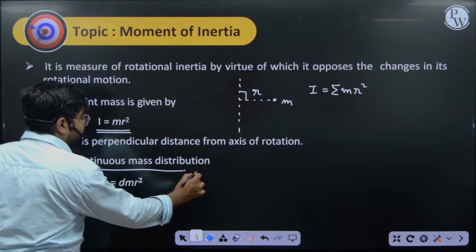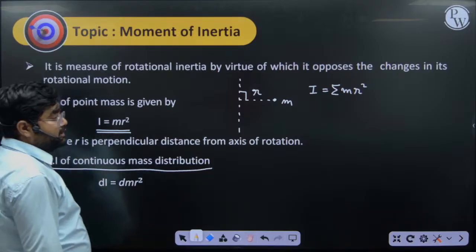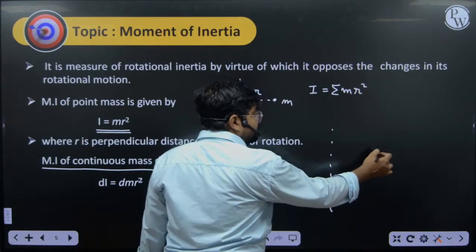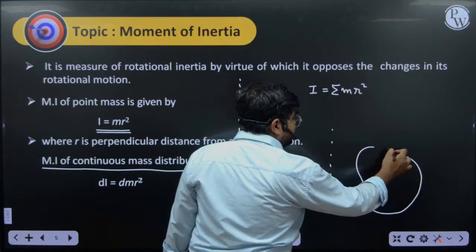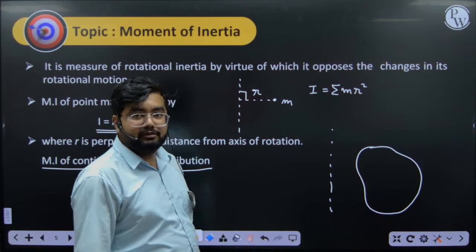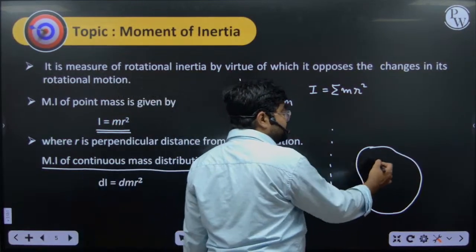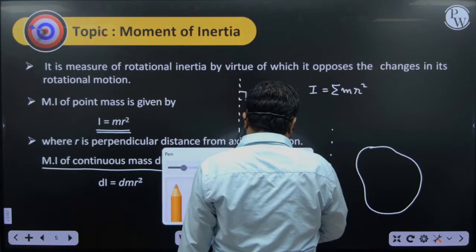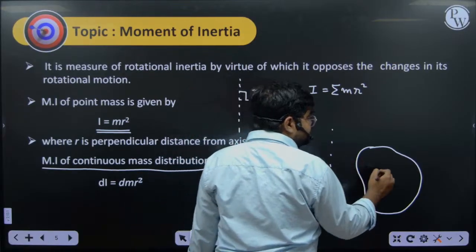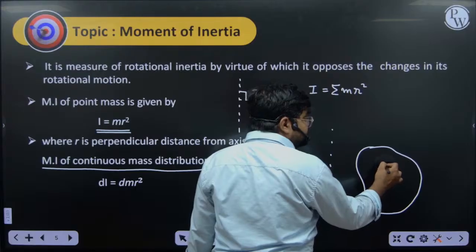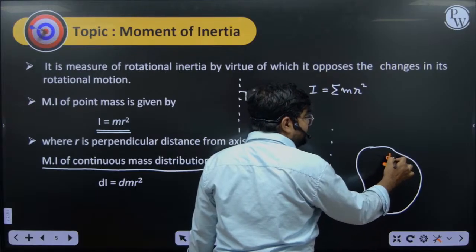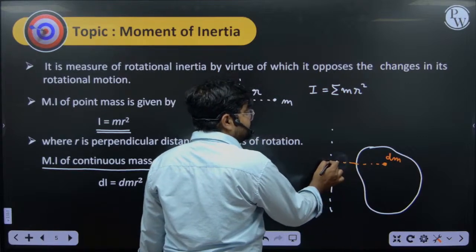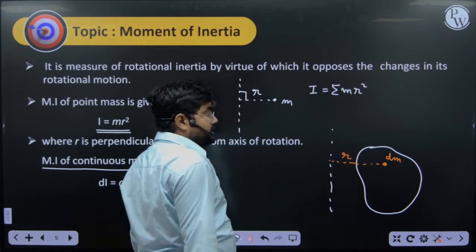What about continuous mass distribution? Suppose this is an axis and this is a body with continuous mass distribution. Mass is continuously distributed throughout the body. Now, in order to find its moment of inertia, we need to consider a small elemental mass dm whose distance from the axis is, suppose, r.